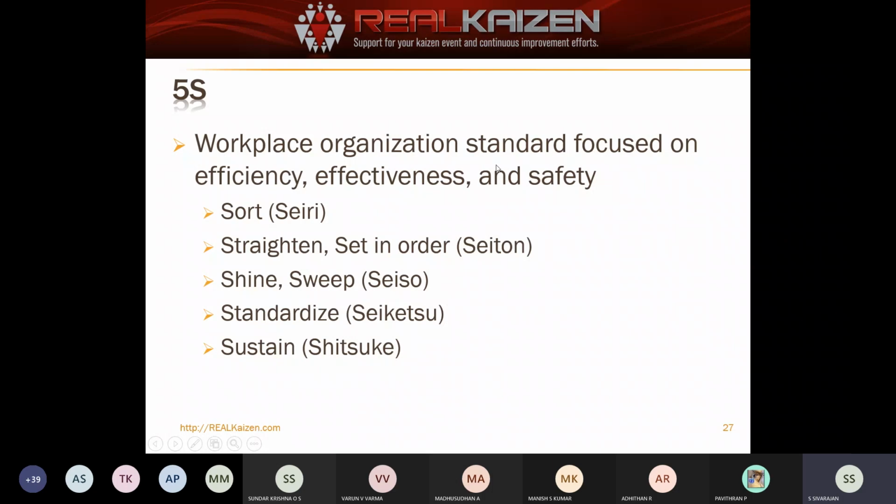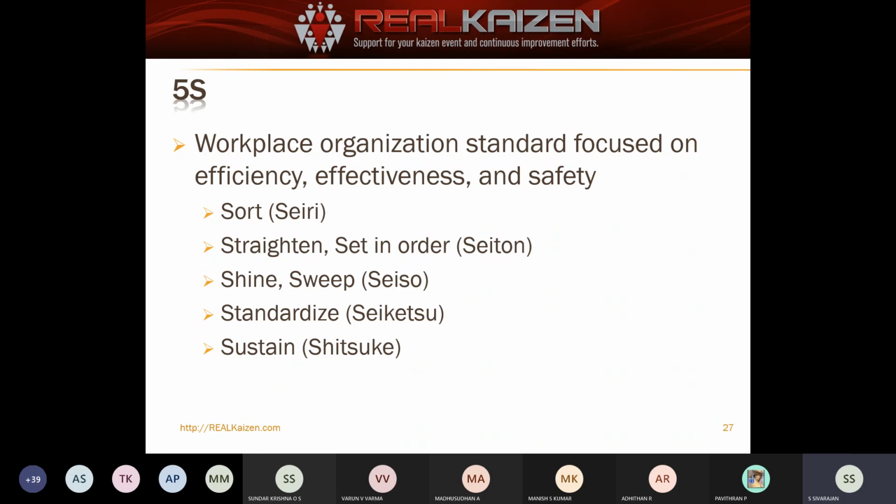It is a workplace organization standard focused on efficiency, effectiveness, and safety. You know very well about safety. Whenever you work, whenever you keep all the things, safety is very important, and you should know the difference between efficiency and effectiveness. Effectiveness means you must do the right thing. Suppose you are doing the wrong thing at 100% efficiency, the right thing you must do.